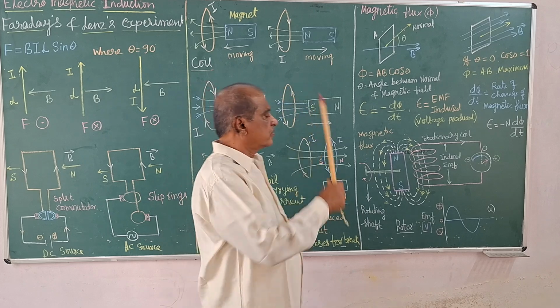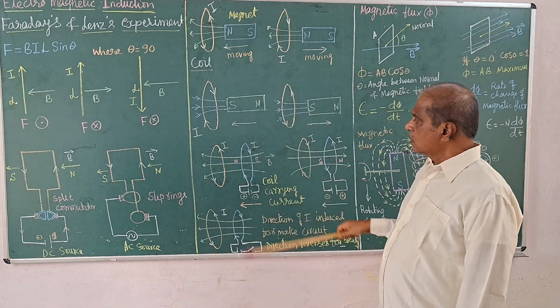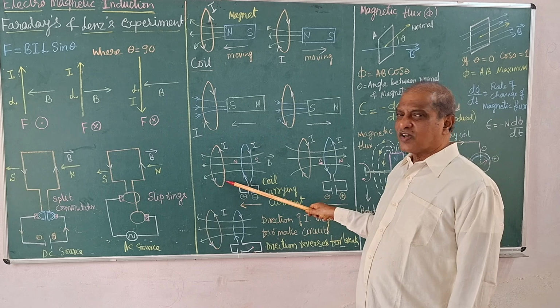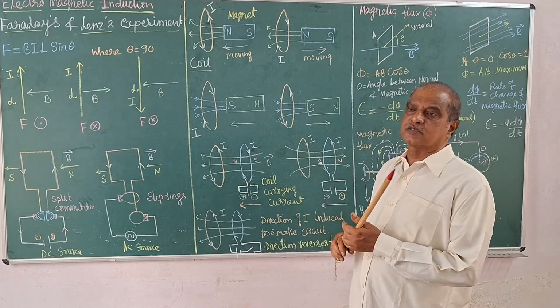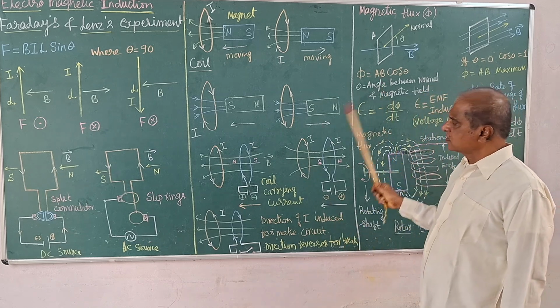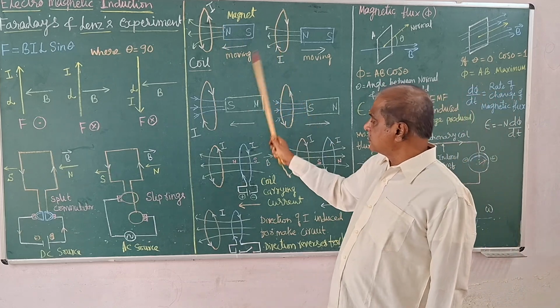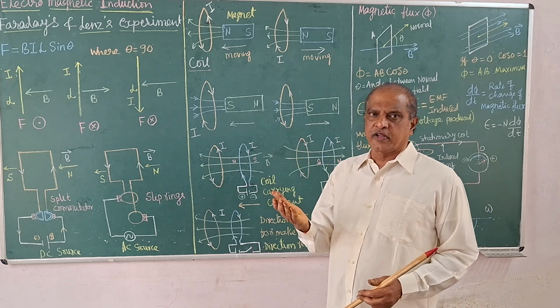Here we see that the area is this. Here it is not simply magnetic flux, it is a change in the magnetic flux. Every movement like this, every action, will change the magnetic flux.